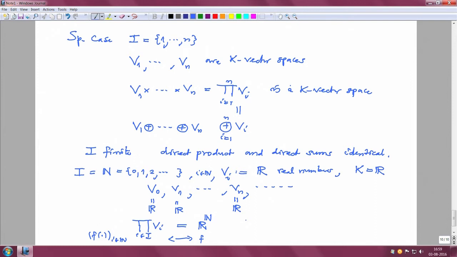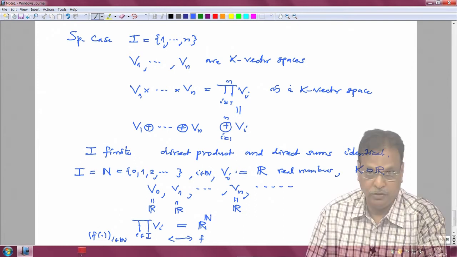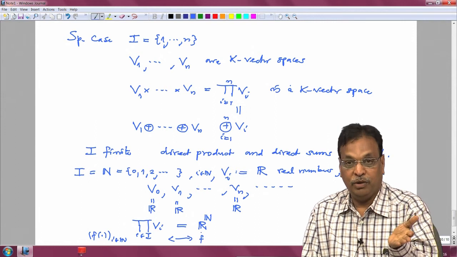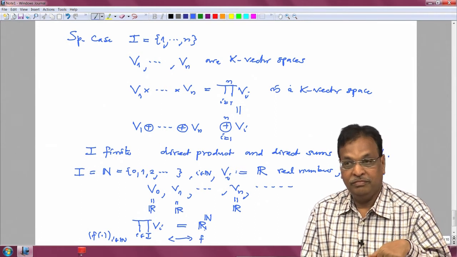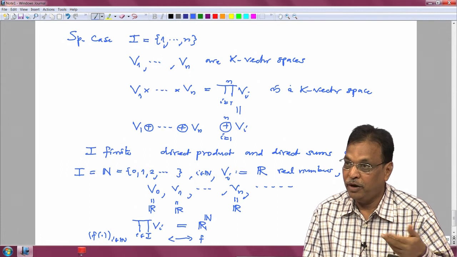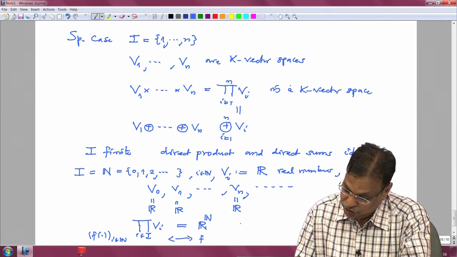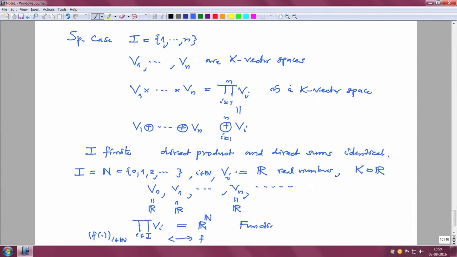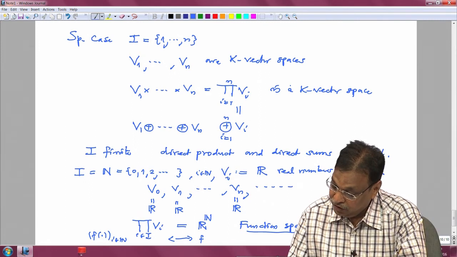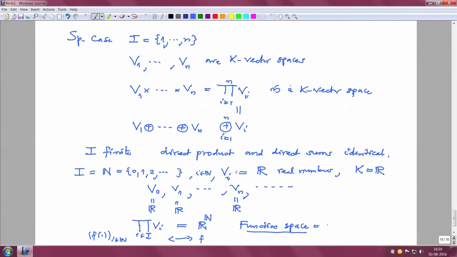And what is the vector space structure? Component-wise addition and component-wise multiplication. In the earlier example we took an arbitrary set I and a field and the functions from I to that field, with the same vector space structure. So this is nothing but the function space. In fact, the elements are real sequences, sequences of real numbers.